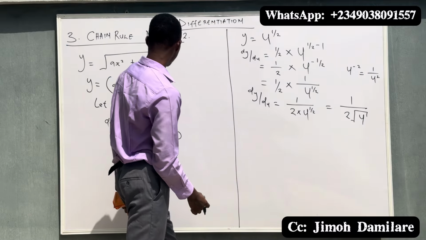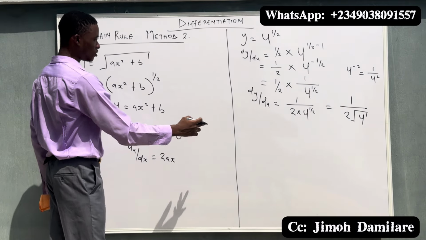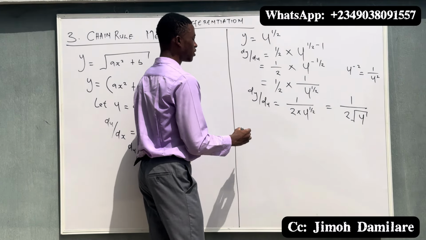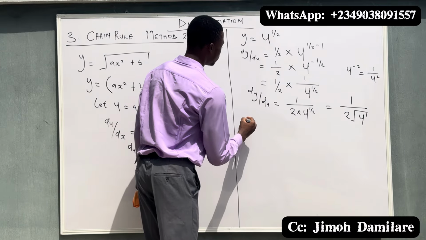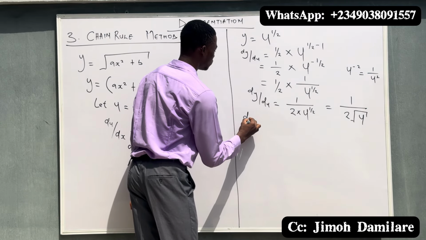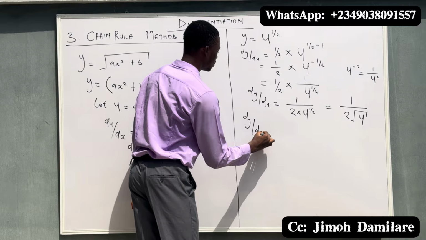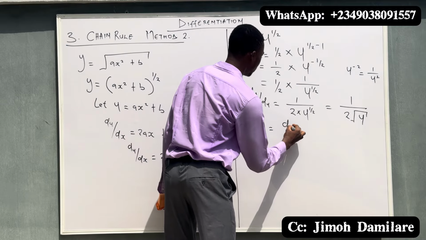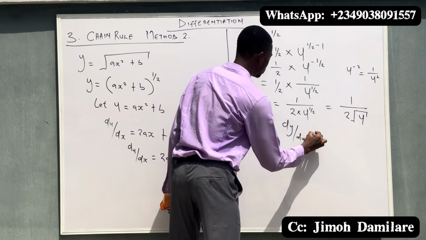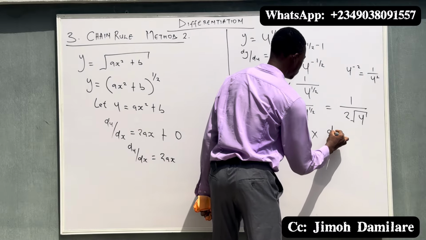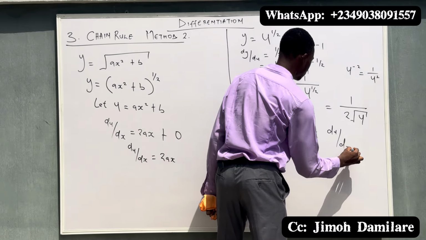Now that we have gotten our du over dx and also dy over du, we can use our chain rule formula, which is given as dy over dx is equal to dy over du multiplied by du over dx.